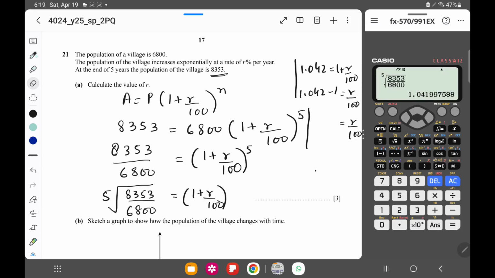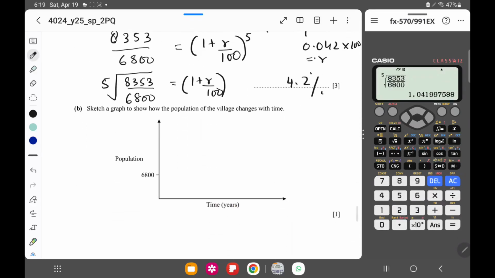And 0.042 multiplied by 100 is the value of r, which is 4.2%. That is the rate. Okay.